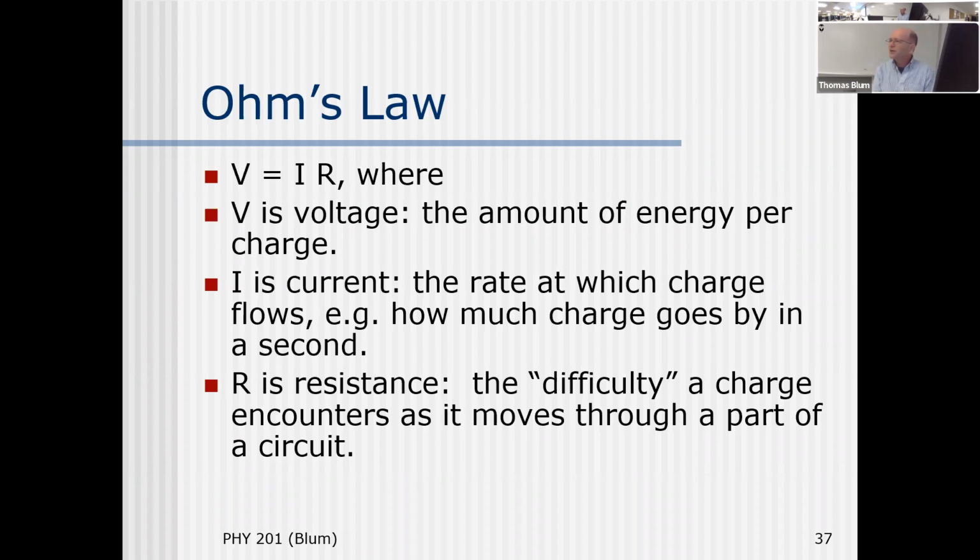The I is the current. I sit in one spot and see how many charges go by me per unit time, how many charges go by in a second. And the resistance is the difficulty encountered. Is it hard for these charges to move through the circuit or not?